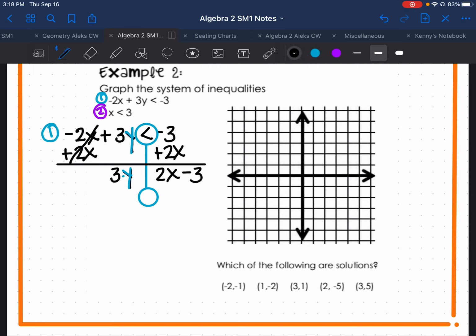Now I'm going to divide by 3. Since I am not dividing by a negative, my inequality is going to stay exactly the same.